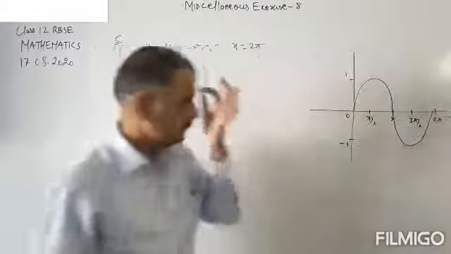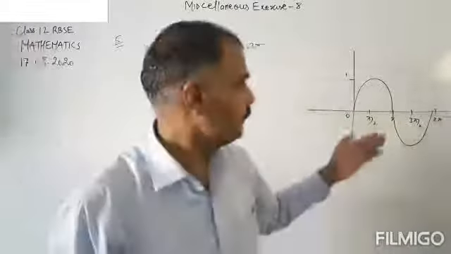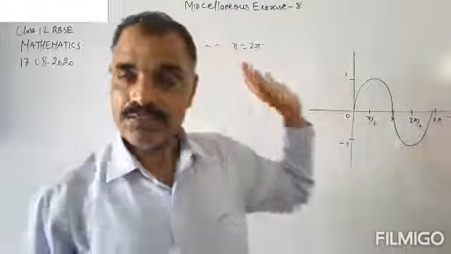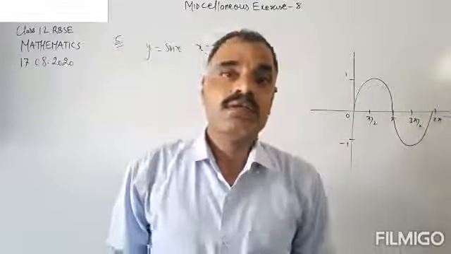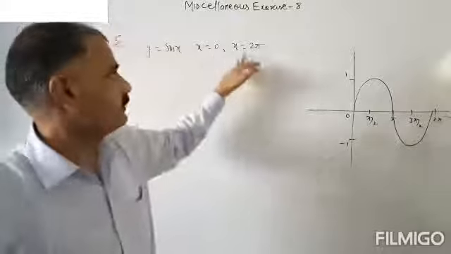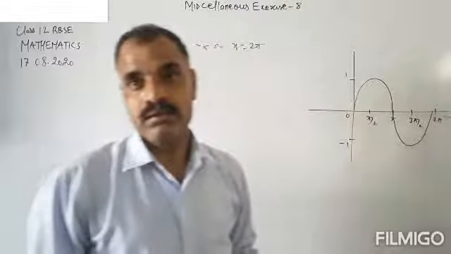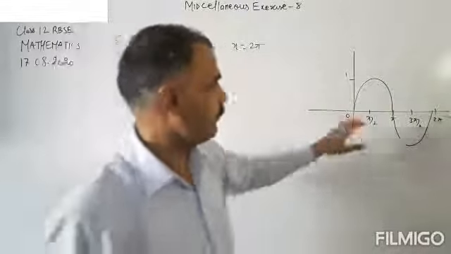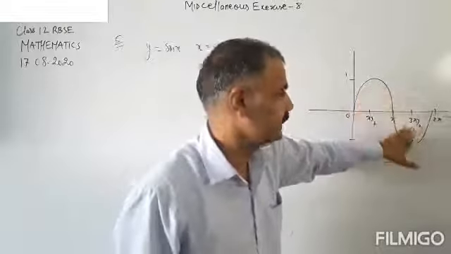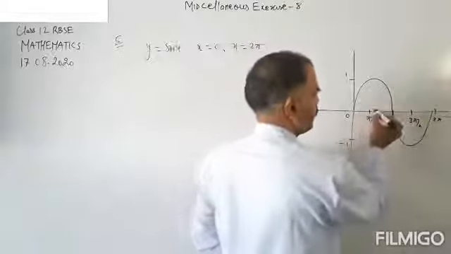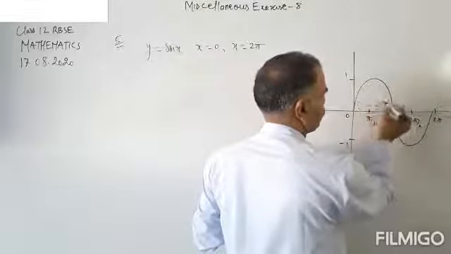So this is the rough sketch of y equals sin x from x equals 0 to x equals 2 pi. Now we have to find the area of this region and this region.